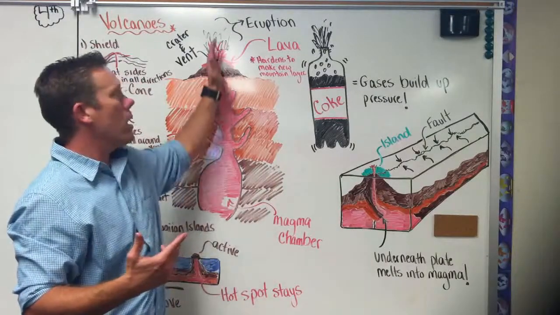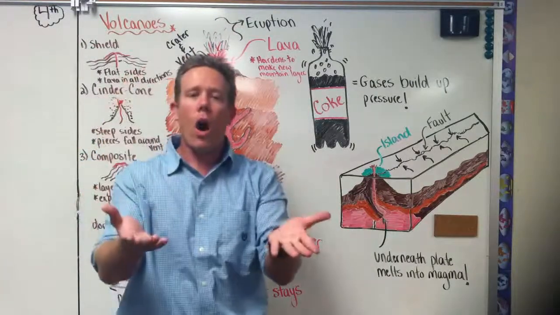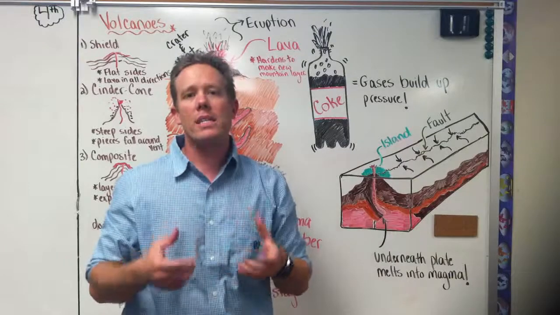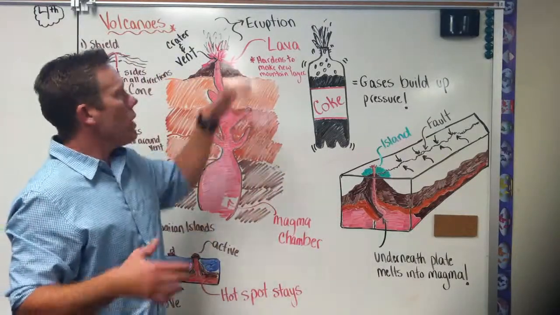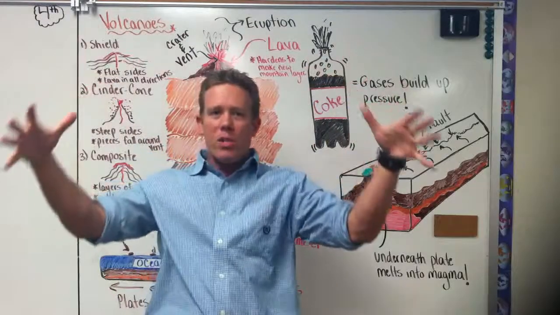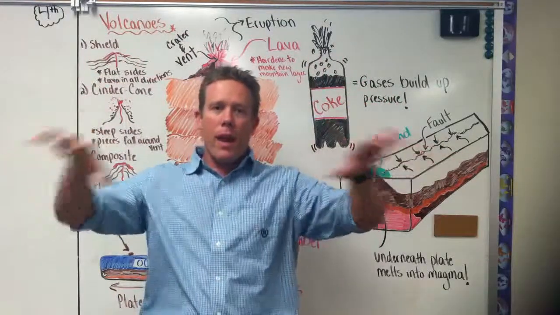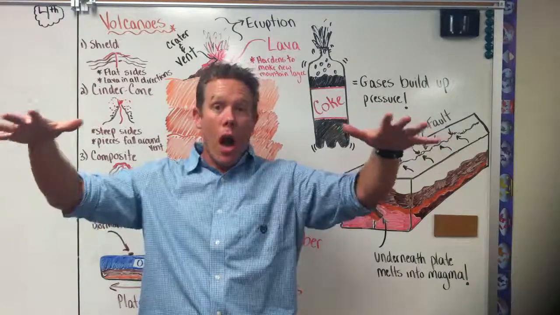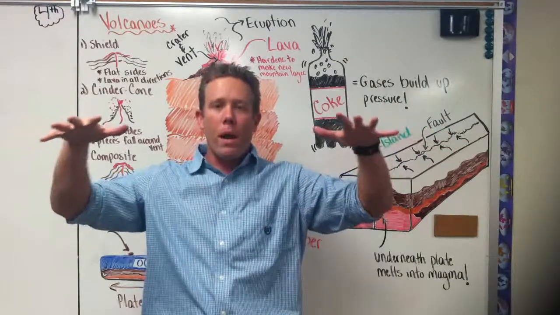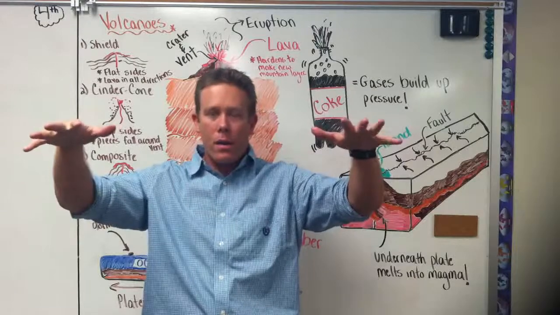Once that magma comes outside on top of Earth's crust, it then is called lava. Okay? Now, once that lava spews out of the vent, it's going to seep off the sides, and once it dries and hardens, it's going to form another layer of rock.